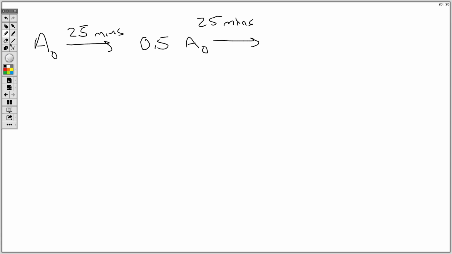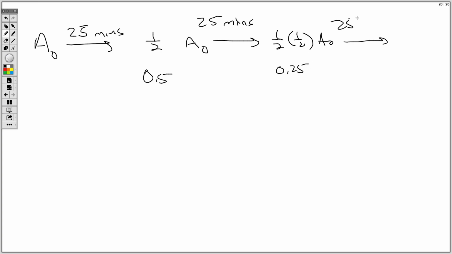So I'll write this as a half. Well, I'll do both. So that's 0.5. And then here I would get to half of the initial amount, which would be 0.25. And then after another 25 minutes, I would get half of the half of the half of the initial amount, which would be 0.125.